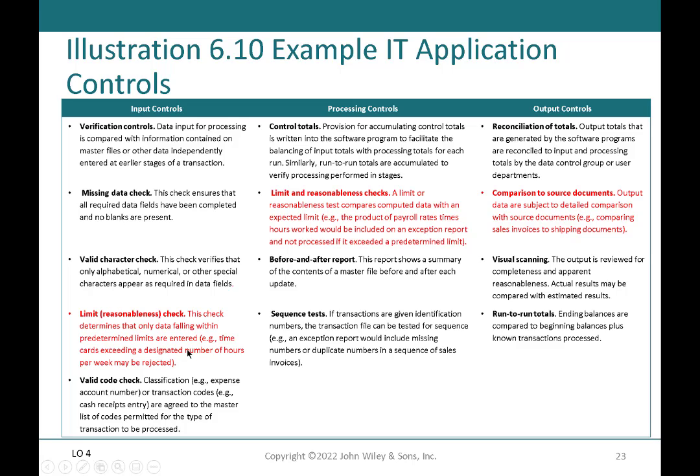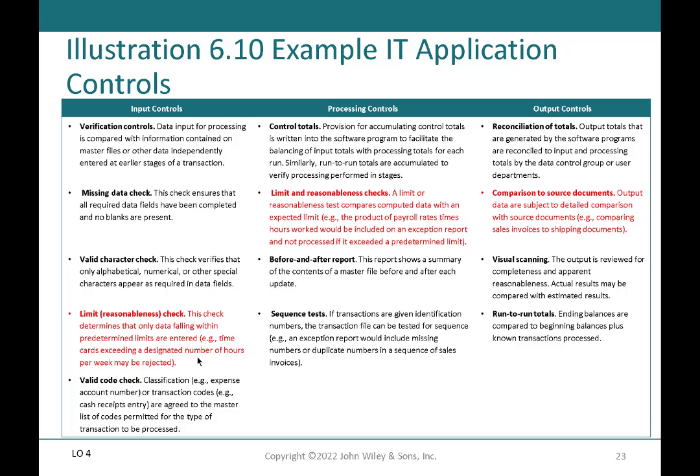Also, we have this limit reasonableness check. If you think about an example dealing with payroll, maybe we have workers entering how many hours they worked into some type of software system that's going to process that information to determine their pay for that period. Well, you might have a situation where there's a limit of how many hours they could work, right? Nobody's working 150 hours in a week.